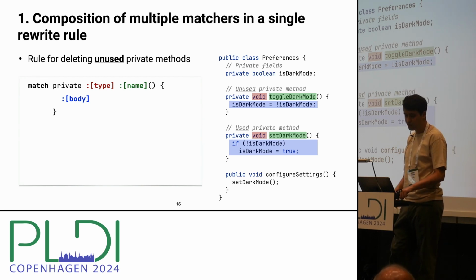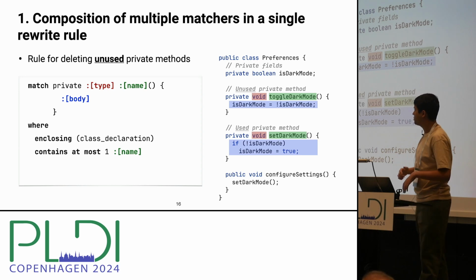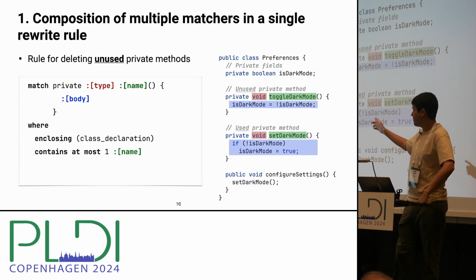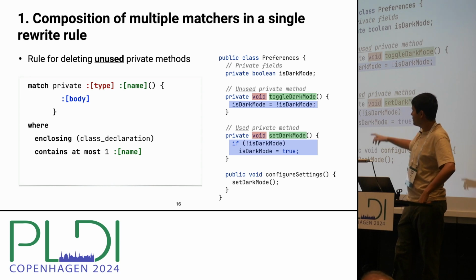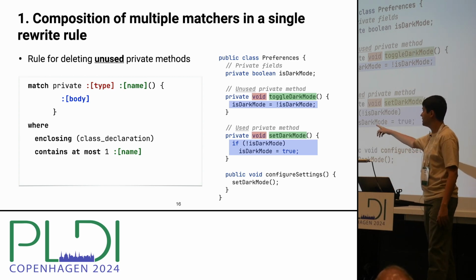So what you can do is compose and use another matcher in order to further constrain the code you're going to select. In this case, we have this where constraint, where you say, I only want to match that private method if the enclosing class, that's the enclosing clause we have there, only contains one usage of the identifier from above.